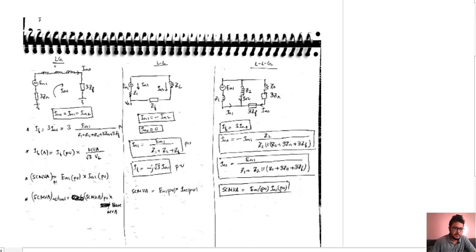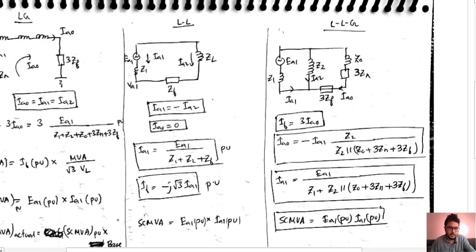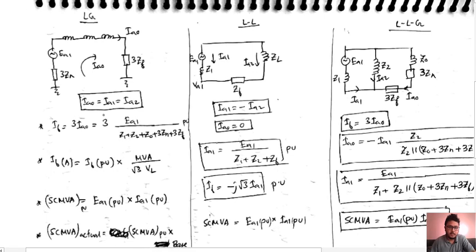So we are at the end of the fault analysis. In LG fault, we have all three sequences, positive, negative and zero, all in series. You see, this is the positive sequence.